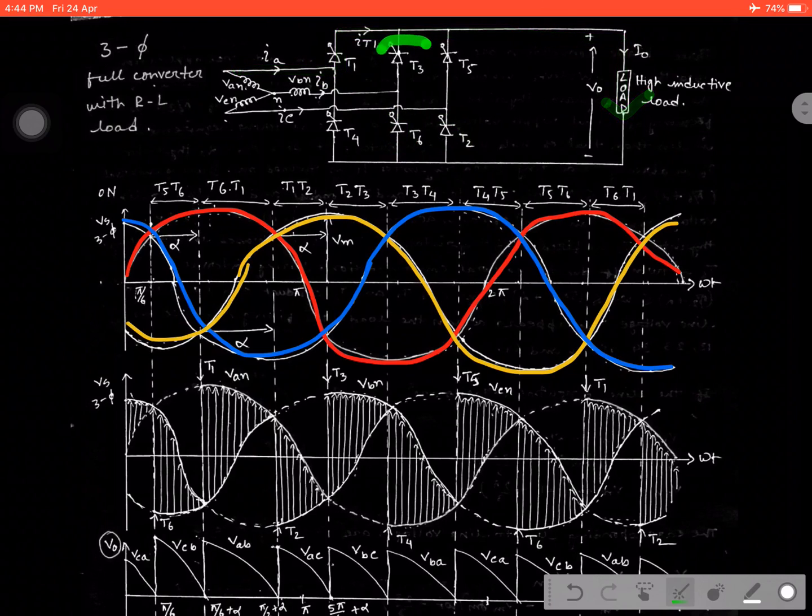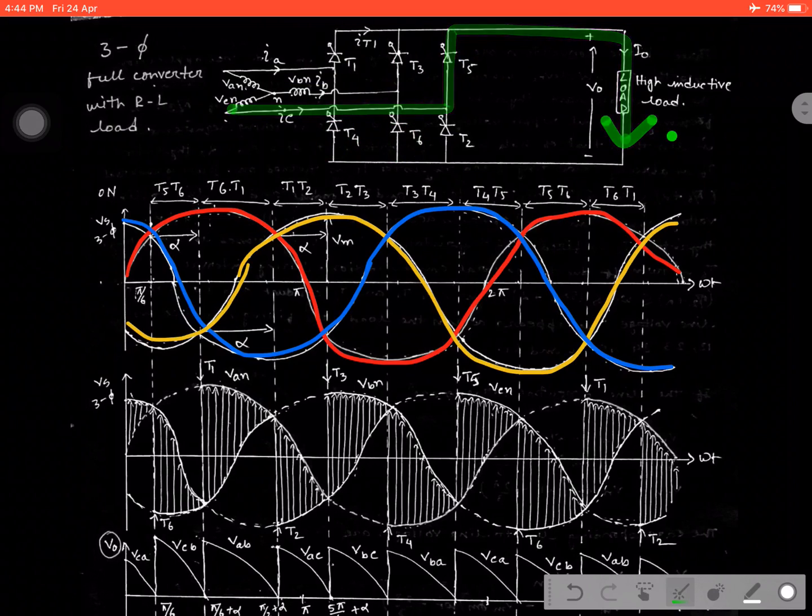Similarly, when T3 starts conducting with respect to other two switches, then the current starts flowing from B phase in this direction. Similarly, when T5 starts conducting with respect to other two switches, then the current from phase 3 starts flowing in this way.